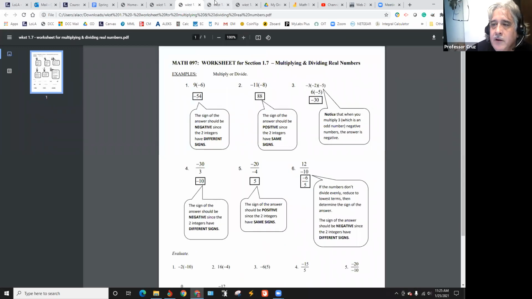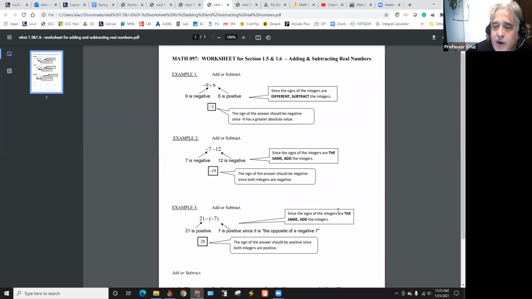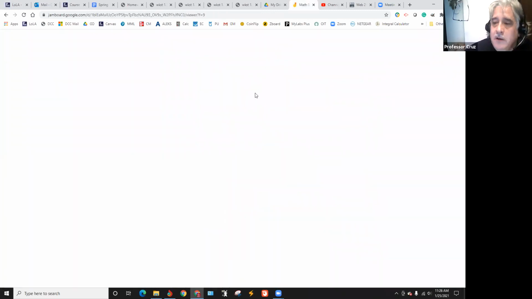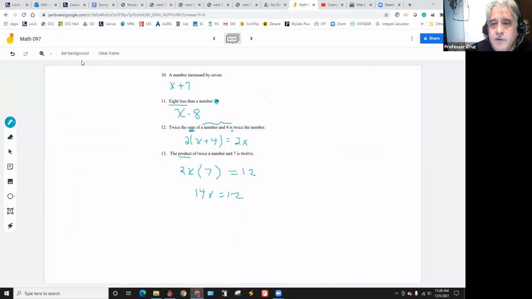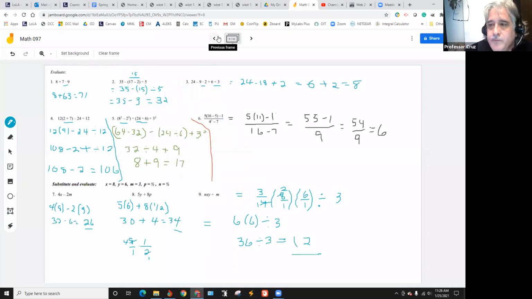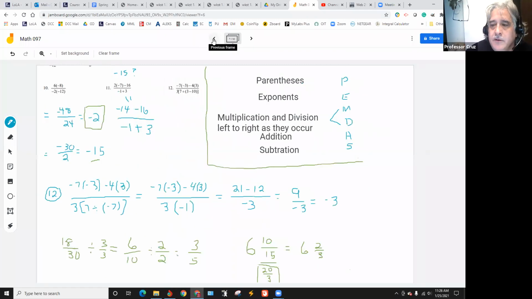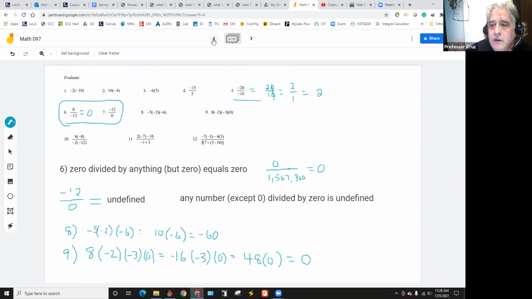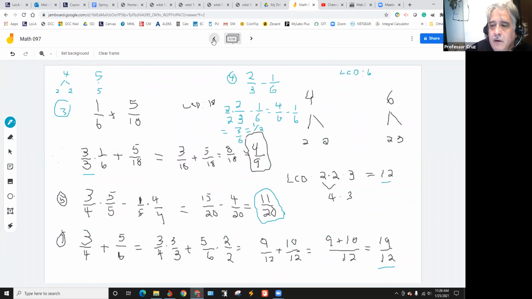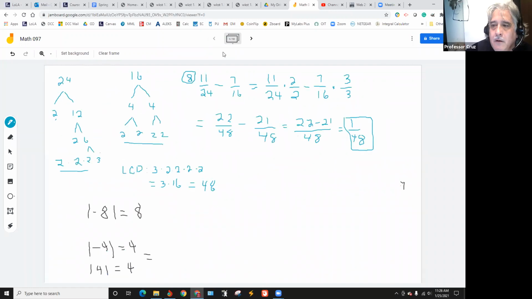Let's see. And then we looked at the addition and subtraction. I'll just review this again because I'm not sure I mentioned this to you folks. But this is the gist of it. Multiplying, dividing, sign number. Well, no, that was addition and subtraction. That's not addition and subtraction. All right. Let me write in here.